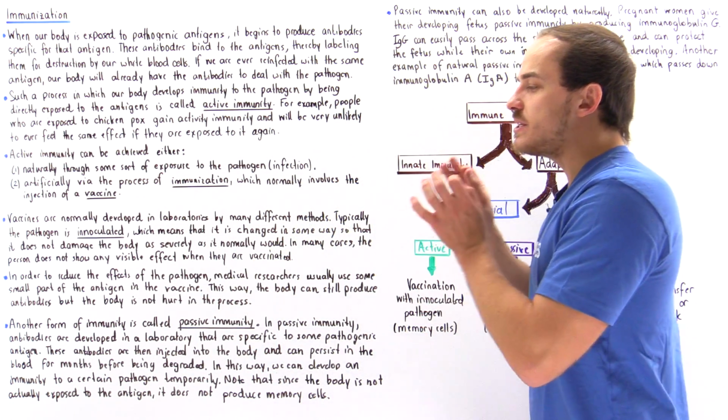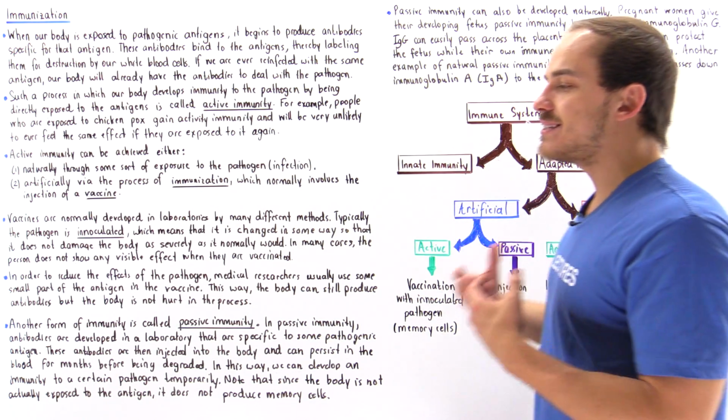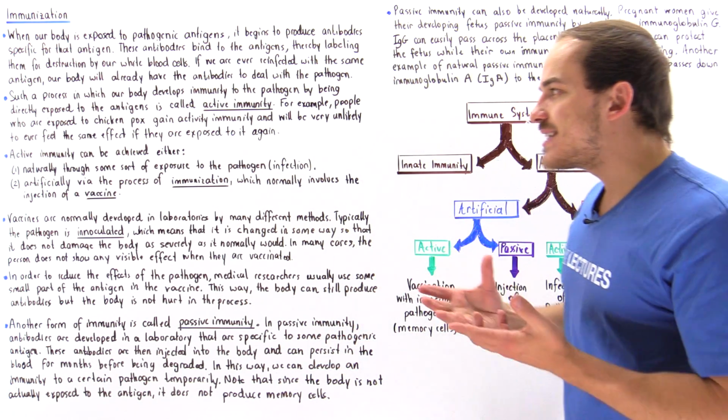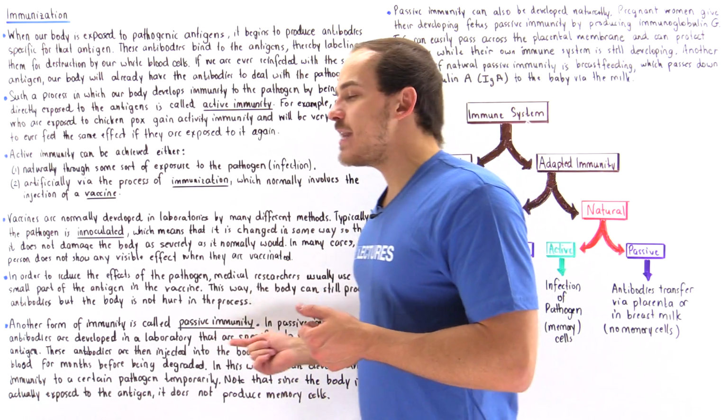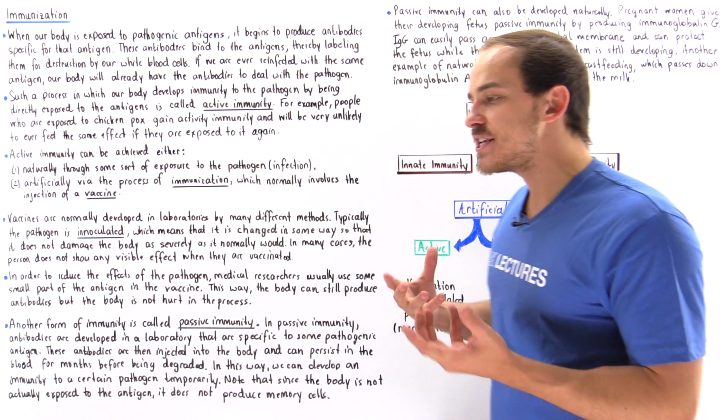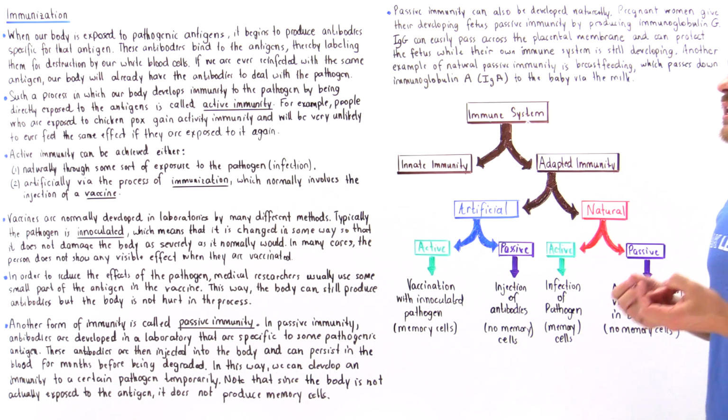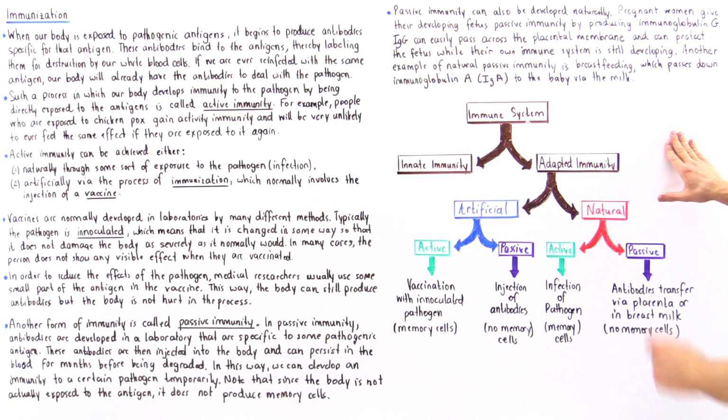So we actually synthesize those antibodies in a lab. Now, it turns out that we also have a natural way to obtain passive immunity, and this takes place in a woman when she is pregnant with a child. So, passive immunity can also be developed naturally.